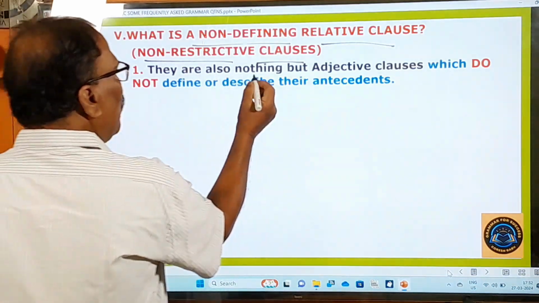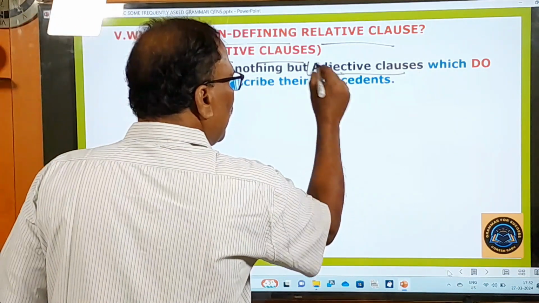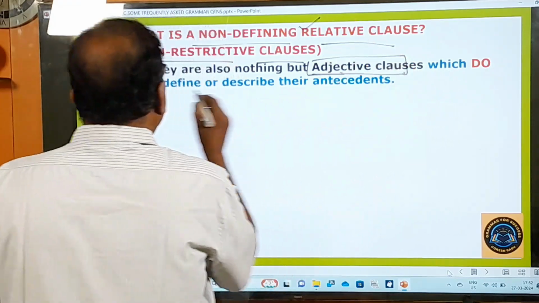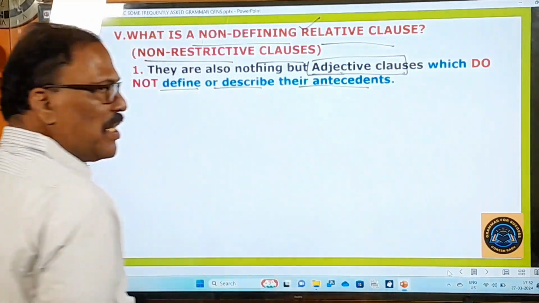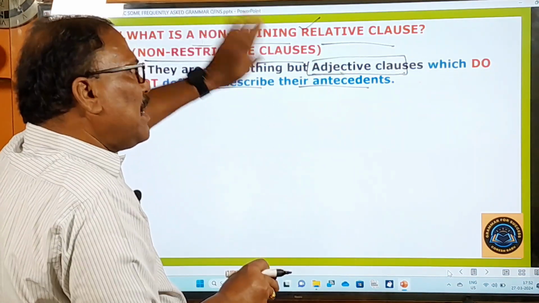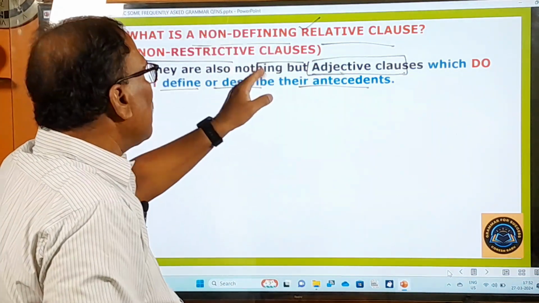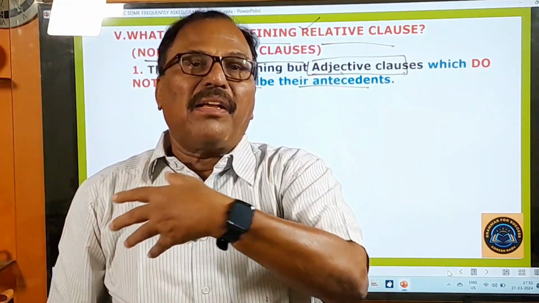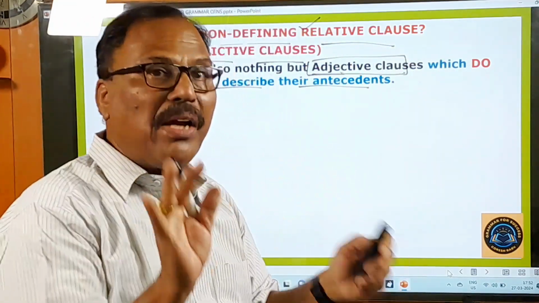They are also nothing but adjective clauses, no doubt about that, but they do not define or describe their antecedents. Defining relative clauses describe or define their antecedents. Non-defining relative clauses do not describe or define their antecedents. That point you have to understand.